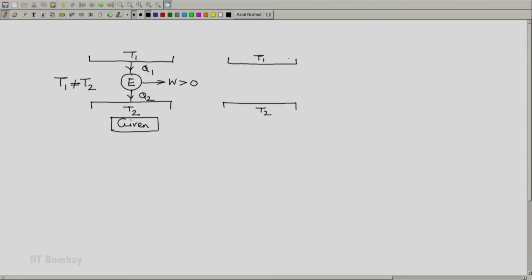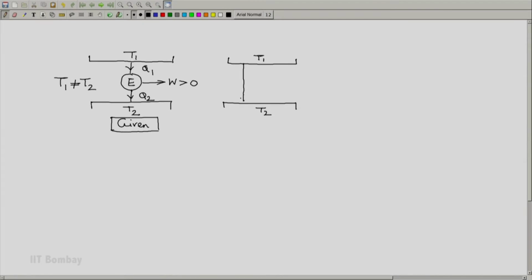Since the two temperatures are different, the reservoir at T1 and the reservoir at T2 are not isothermal systems, and hence if we connect them via a diathermic wall, that means allow them to come in contact with each other, in which direction will the heat flow?